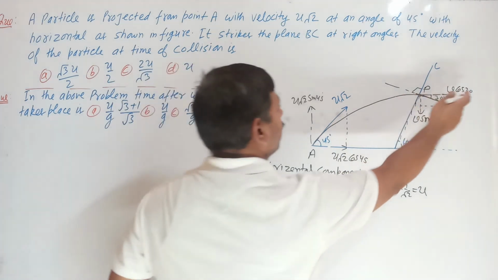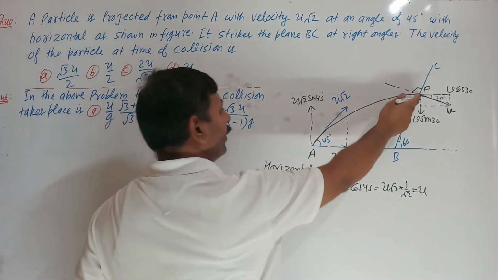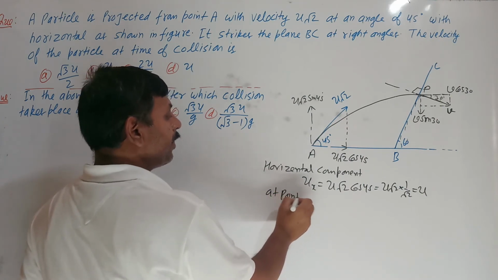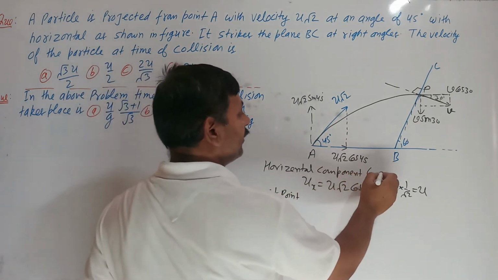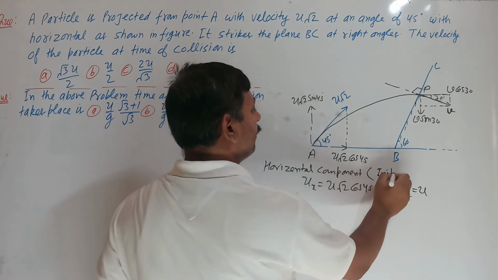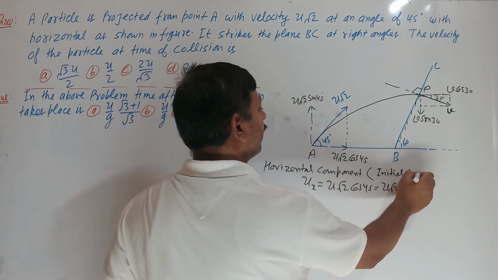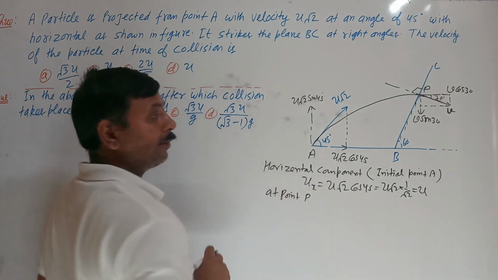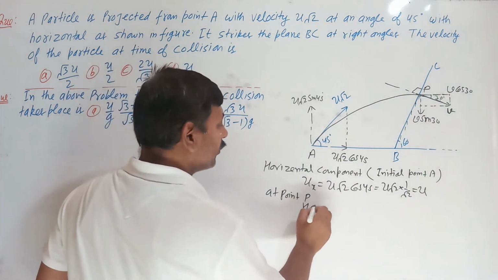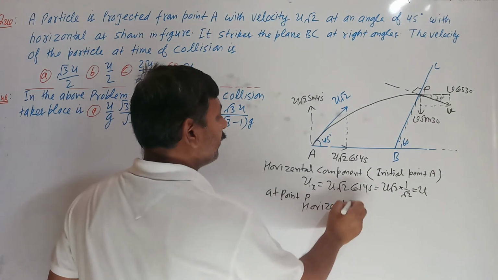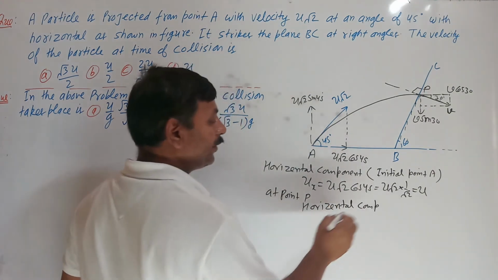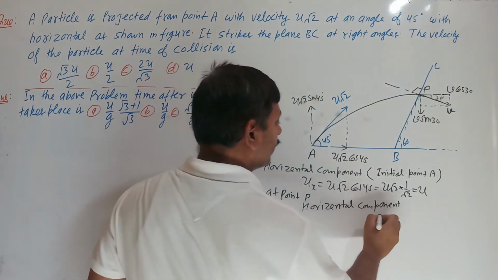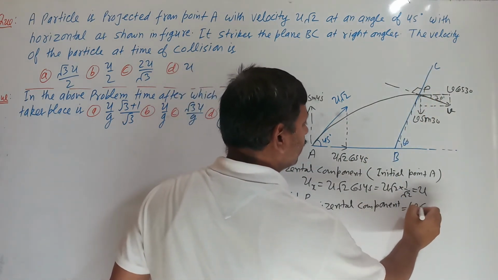And what will be the horizontal component here at point P? At point P, the horizontal component will be V cos 30.